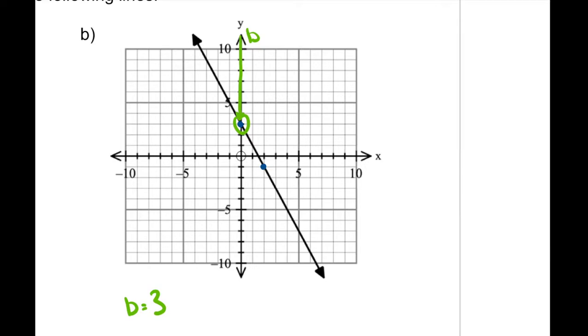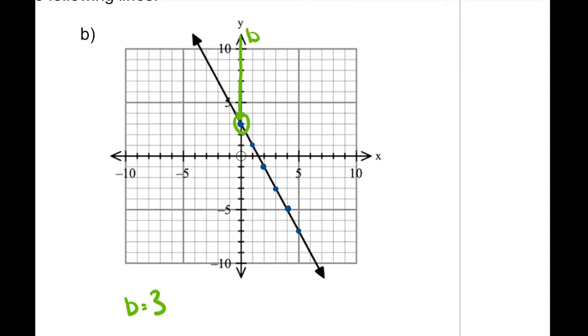I could choose another one here, or I could choose these ones in between if I really wanted to. So if you're ever hesitant or unsure whether it crosses nicely, look further down the line and see if you can find one that's a little bit nicer. As long as we're using rise over run, it won't matter which 2 points we use.